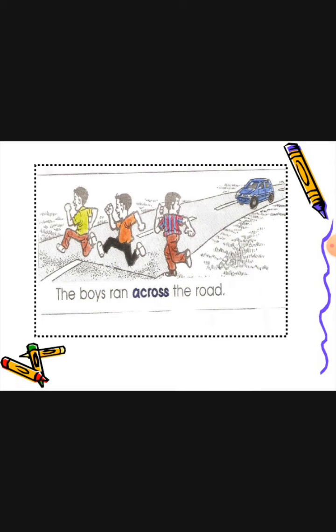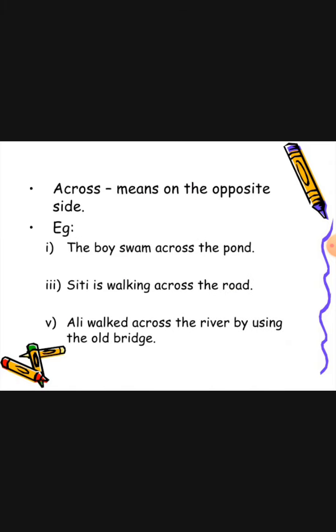Now the next preposition, across means on the opposite side. The boy swam across the pond. It means from one point to another point. He crossed it. So when we use this, we want to give the sense of crossing. If we cross something, then we have to use the preposition across.